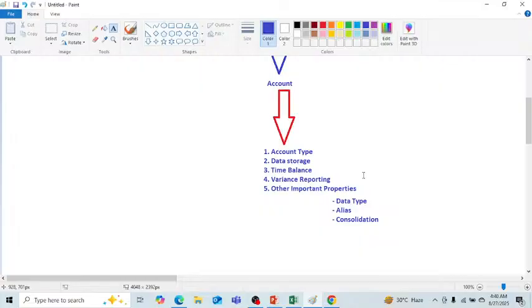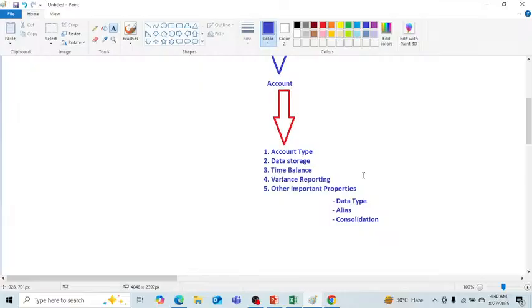Suppose I want to do the planning for revenue, that comes under the income statement. So what kind of account type should it be, and under the revenue what kind of revenue is it, and what should be the data storage, because under data storage we also have several members that we have to select.